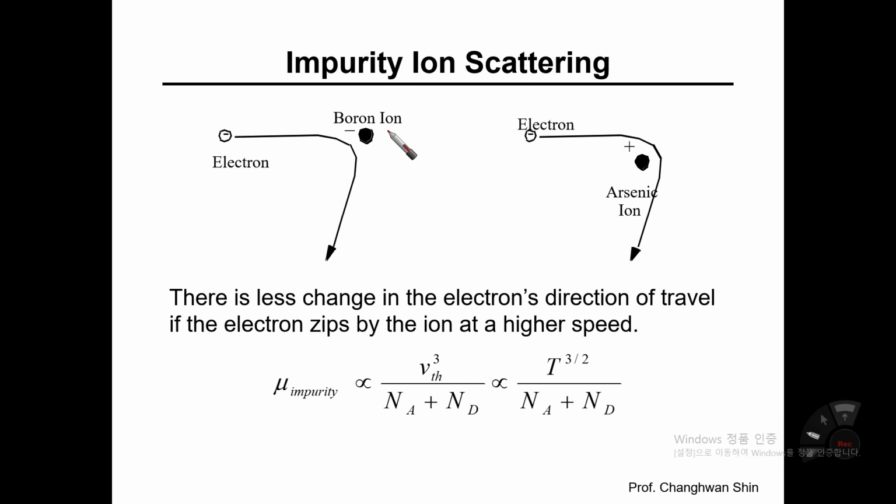Okay, now let's move on to the next topic, impurity ion scattering. So now we are talking about ionized impurity scattering. As I briefly mentioned before, while an electron or a hole, any charged particle, is moving and is faced with an ionized dopant atom, in this case, an ionized boron atom existing there, definitely the ionized boron cannot become mobile.